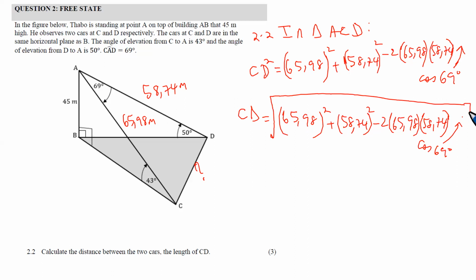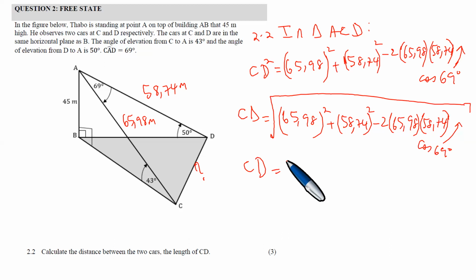Right, so once you get this, then you can get the final result. So what is then the final result out of this? Okay, but first things first, you're able to see that we have the 65.98, which we square. Okay, we add 58.74, which we decided to square as well. We minus 2 times 65.98.